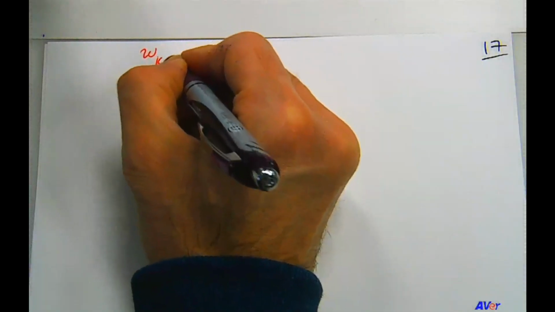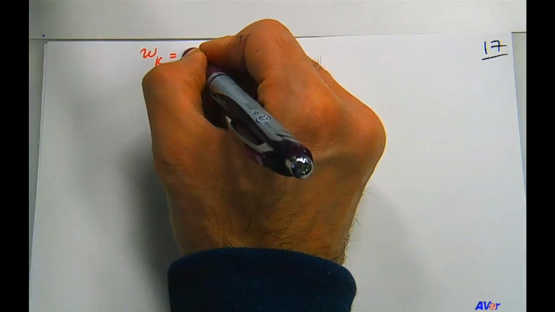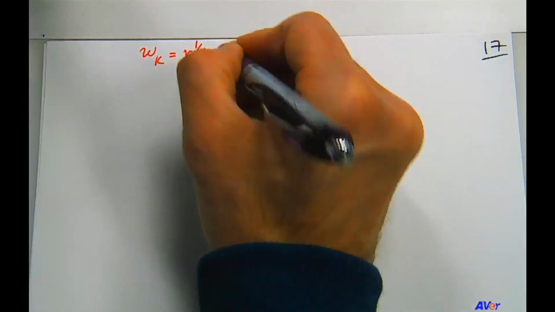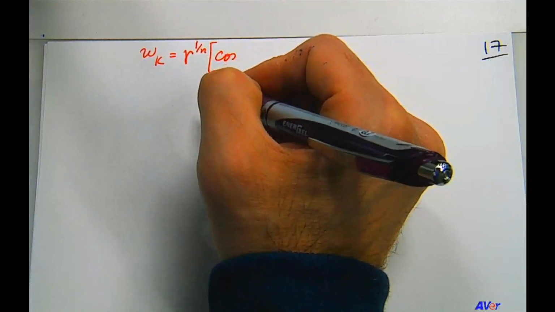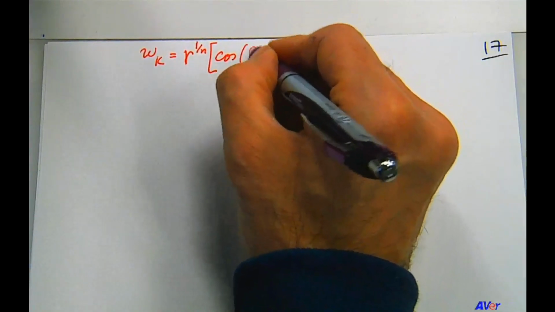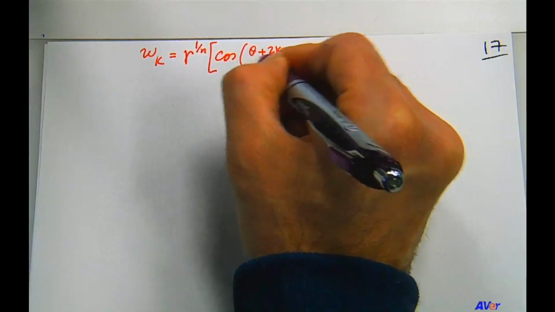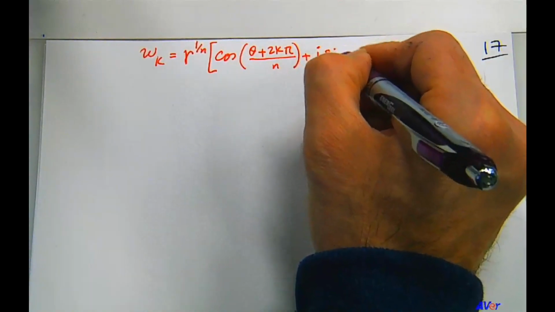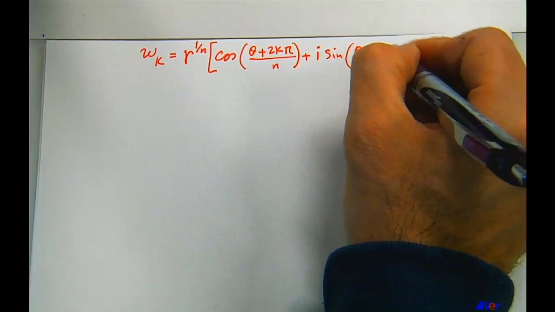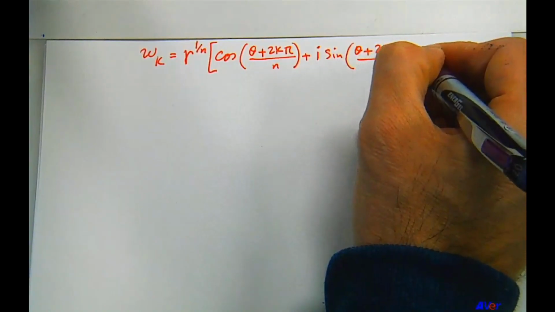I want to write down the formula on top of the page so we can look at it as we plug in the values. So here's the formula. W_k is equal to r to the 1 over n power times cosine of theta plus 2k pi over n plus i sine of theta plus 2k pi over n.